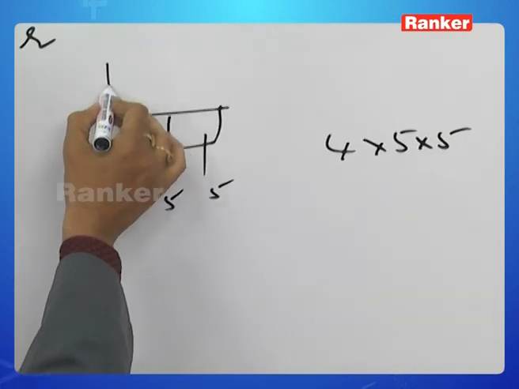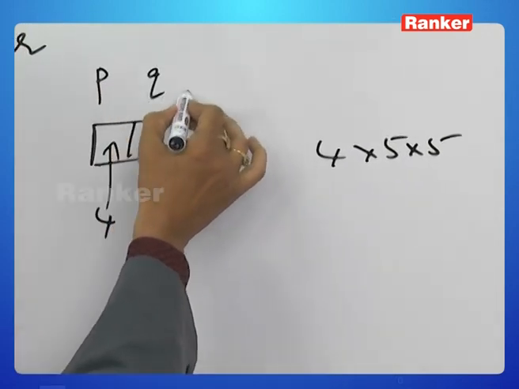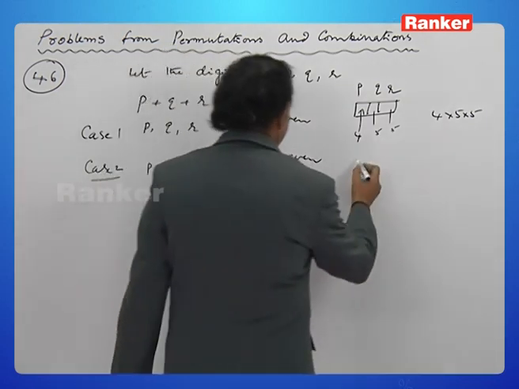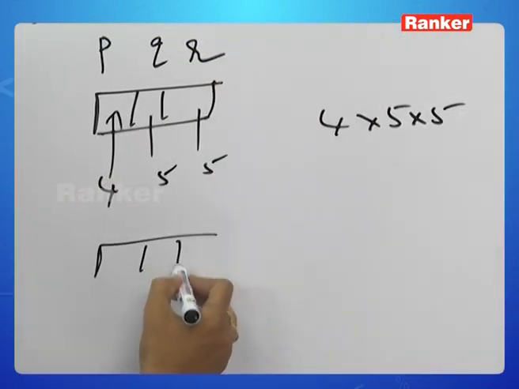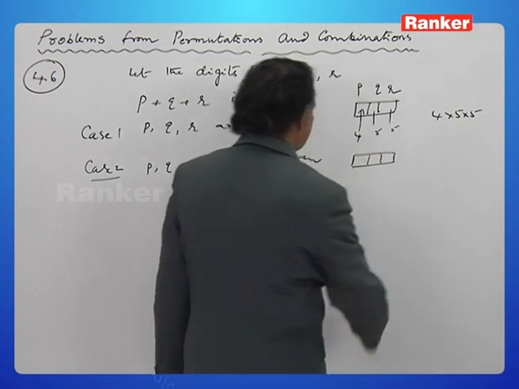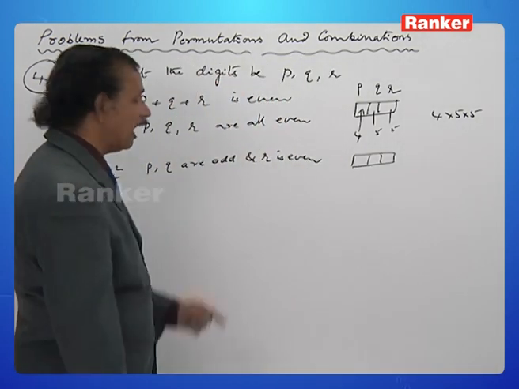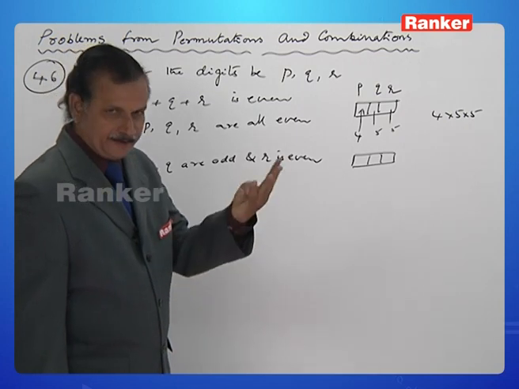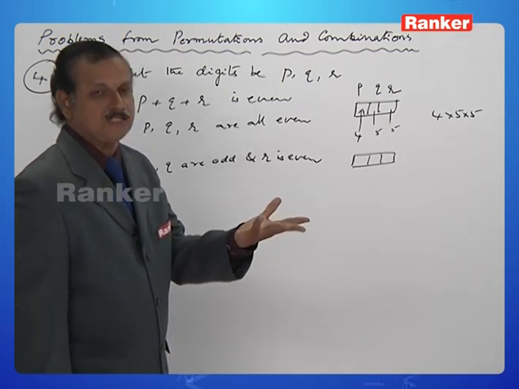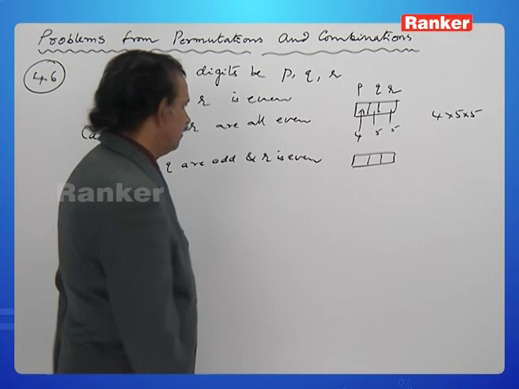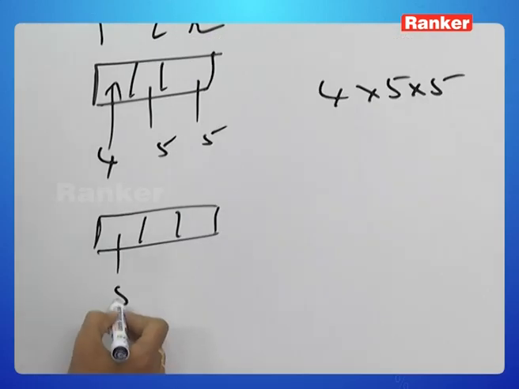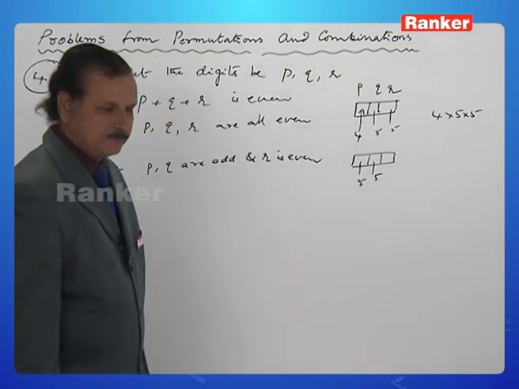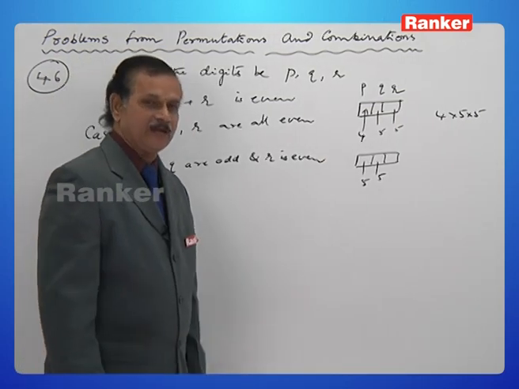How many such numbers are possible? The first digit is P, second digit is Q, third digit is R in our view. How many ways can you fill these 3 gaps now? First place, P is odd. What are the odd numbers? 1, 3, 5, 7, 9. Absolutely, these are all non-zero. Therefore, the first place can be filled in 5 ways. The second place can also be filled in 5 ways, because it must also be an odd number.